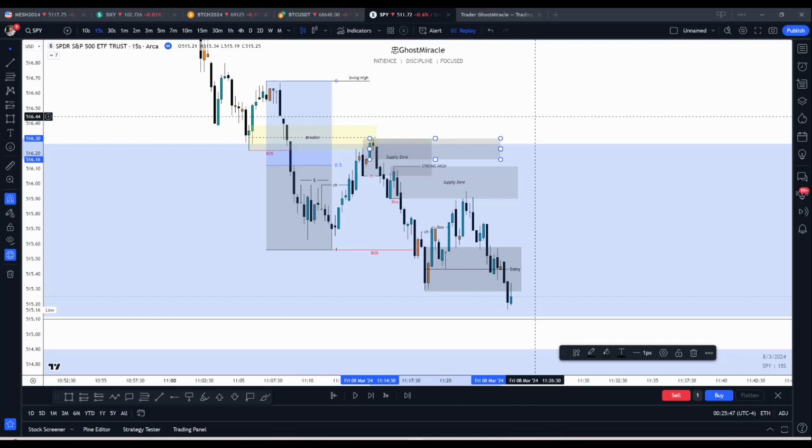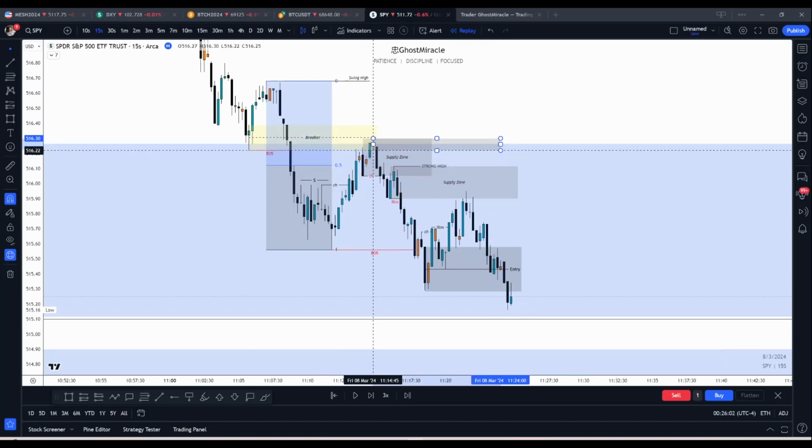What's it called? I can't think of the word right now. But it's basically the more refined supply, where you just have this order block here.